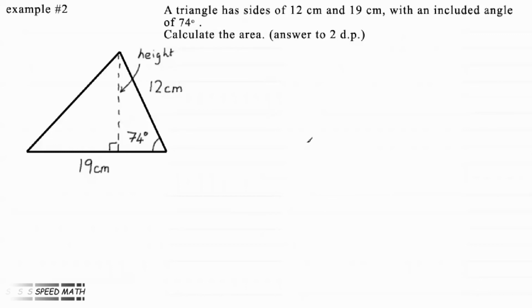And next we'll write down the information that we've been given. We're given that the base is equal to 19 centimeters. We need to work out the height. The height is equal to 12 sine 74 degrees. Okay, using our equation for area, area equals half the base times the height.